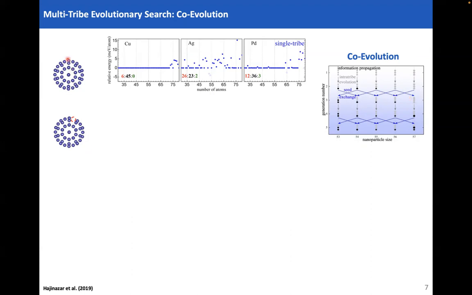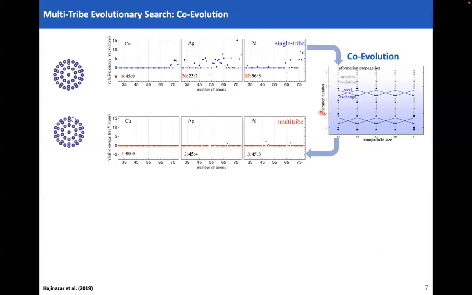So in this way, after a while, when, for example, this population has converged to the proper ground state, when we take the best structure from the 55 atom tribe and merge it into the neighboring 54 atom tribe, it immediately captures the best structure, and that tremendously speeds up the whole search process.